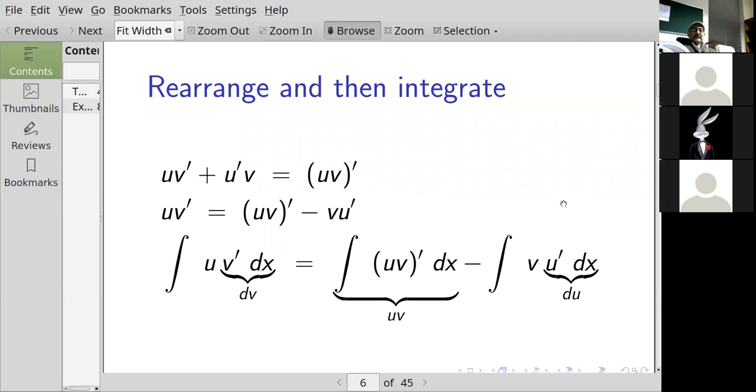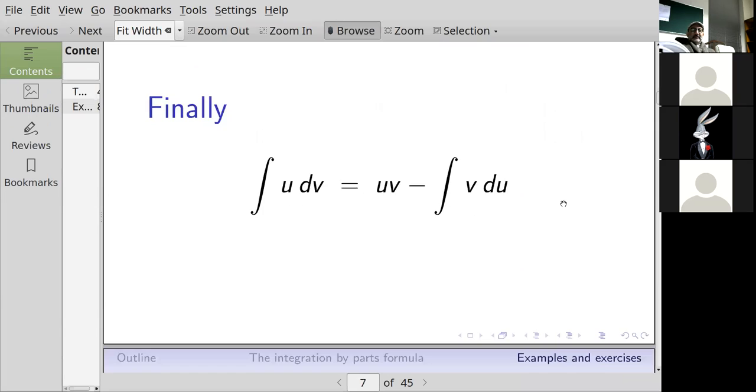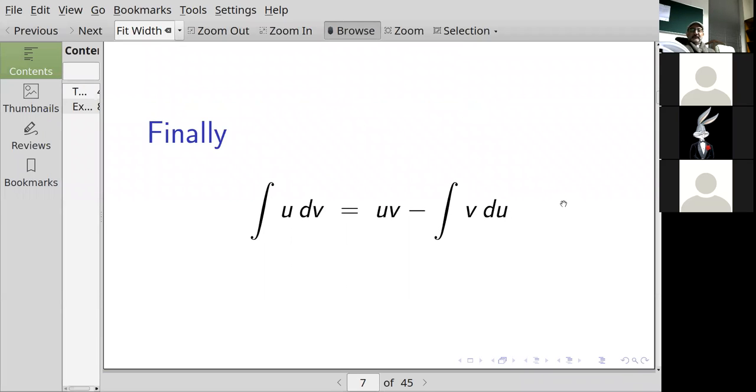Now notice that v prime dx is dv. Notice that u prime dx is du. And notice that the integral of a derivative is the original function. So you'll have uv. Okay, so then what you get is that if you see something of the form integral of u dv, then that's equal to uv minus integral of v du. That is the integration by parts formula.